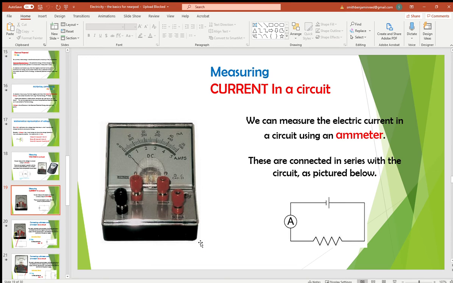Whereas current, measured with an ammeter, does actually have to be integrated into the circuit in order to measure current. So current, once again, is measured in amps, and this is a basic ammeter. Very simple.